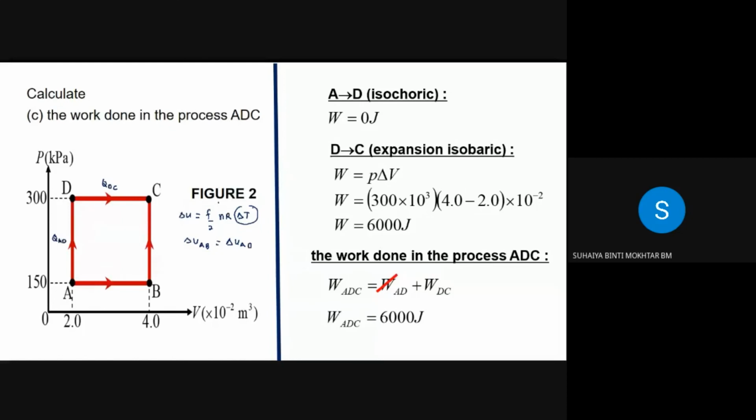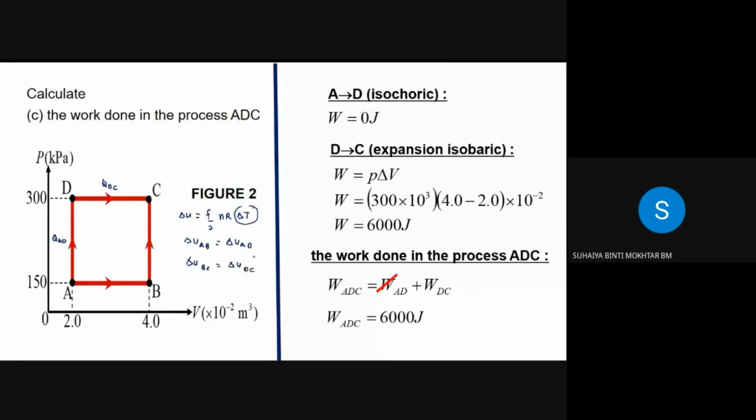And then delta U for case DC and BC here. Temperature dia pun sama. Perubahan delta T just sama juga. Maksudnya delta U BC equals delta U DC.